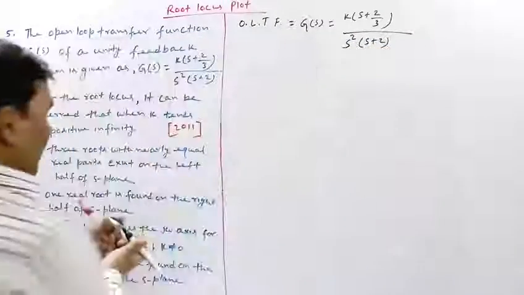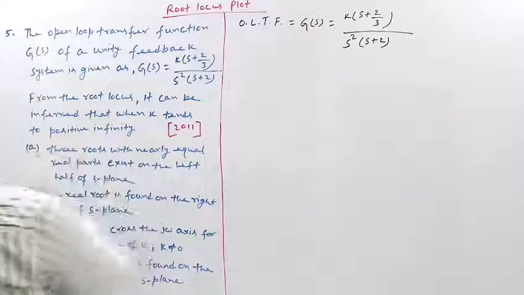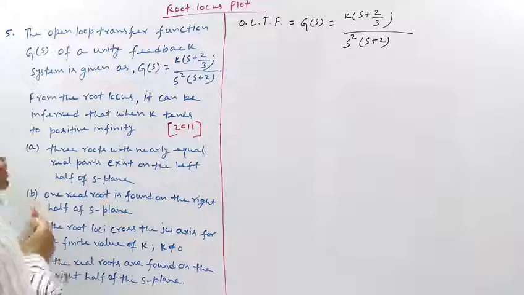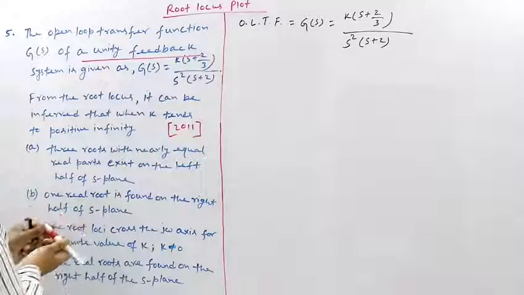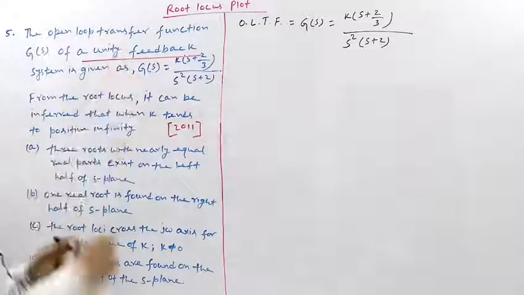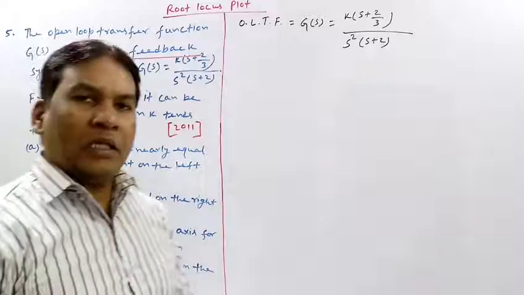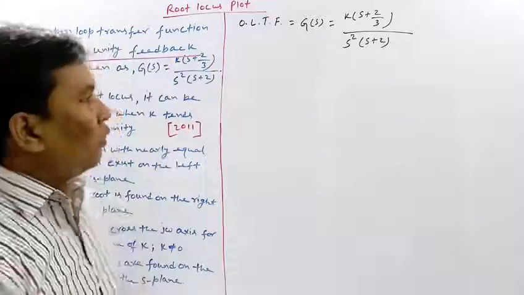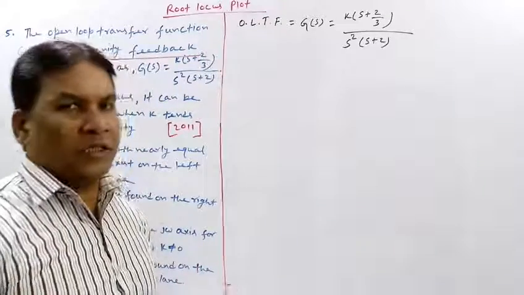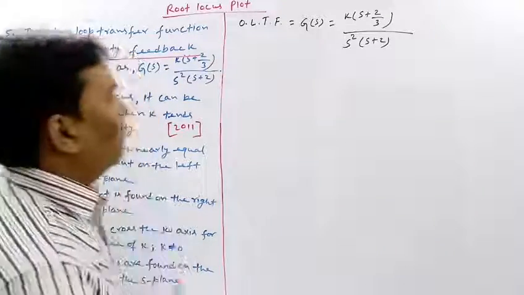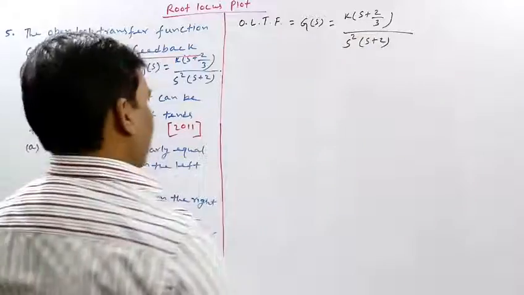Why am I writing only G(S)? Because this is a unity feedback system. Since it is a unity feedback system, H(S), the feedback part, will be 1. So the open loop transfer function will consist of only G(S) because H(S) is 1.